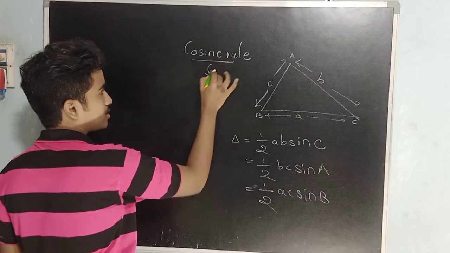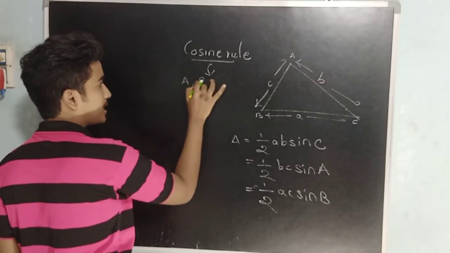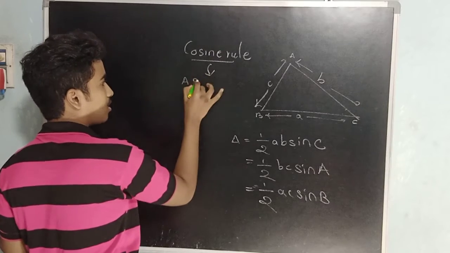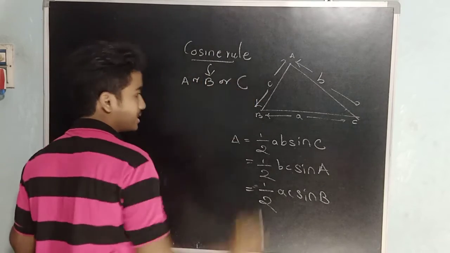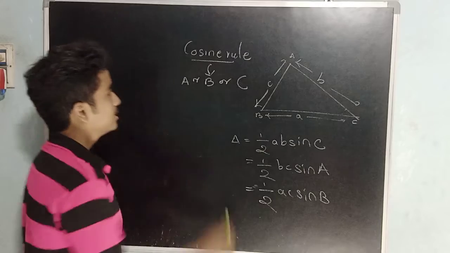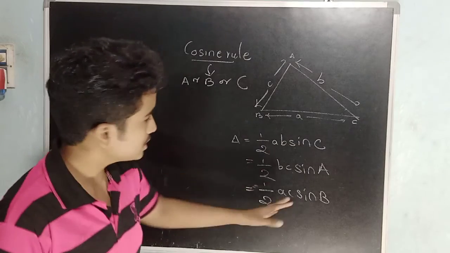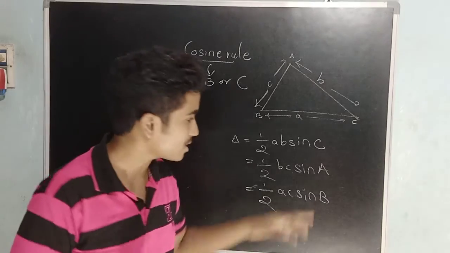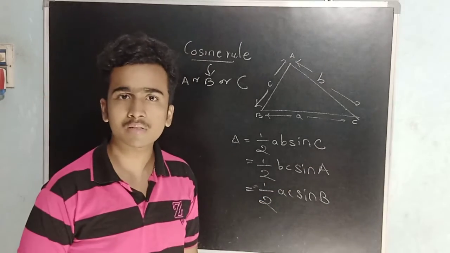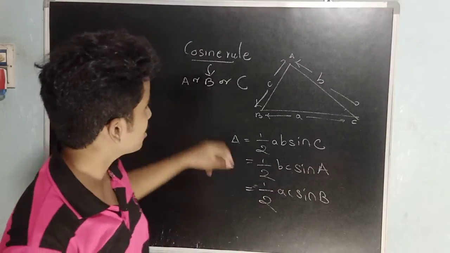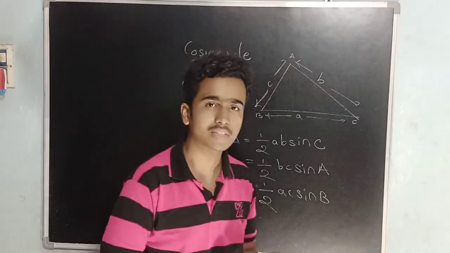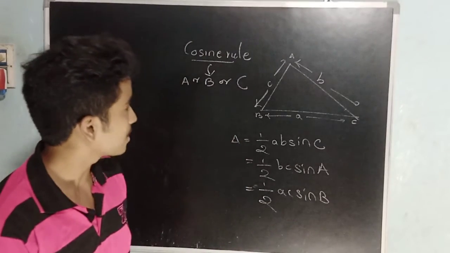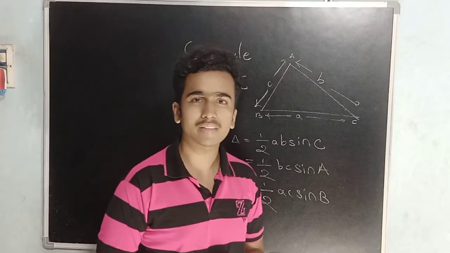By using the cosine rule, we can find angle A or angle B or angle C, and we can use this formula. In terms of A, we will get the cos A value. We can change it in terms of sin A. Similarly cos B, cos C, changing in terms of sin and solving using this formula. That will be another method.